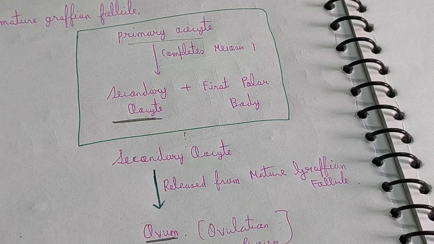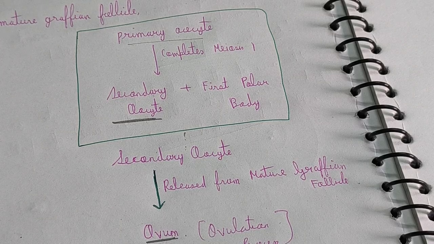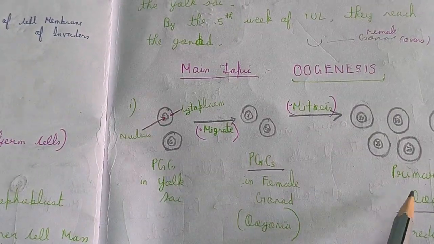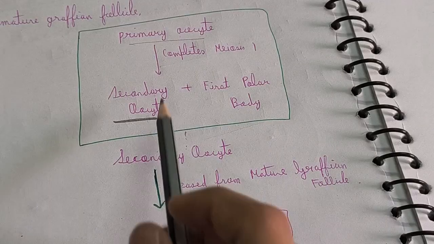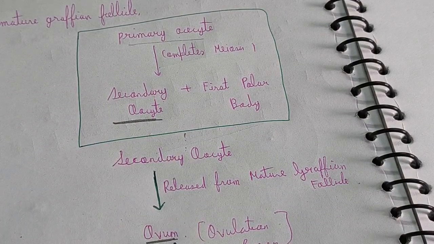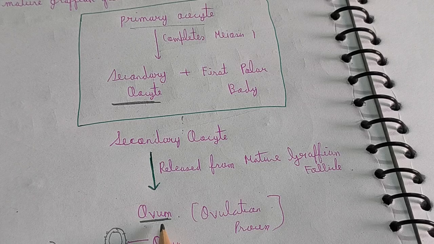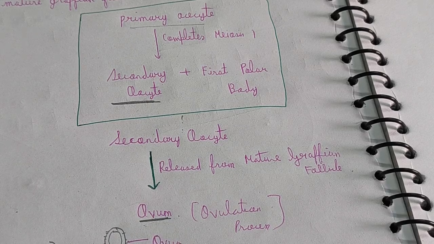Now, the process by which these primordial germ cells develop into primary oocyte, secondary oocyte, and also mature ovum, that process of maturation, is known as oogenesis.